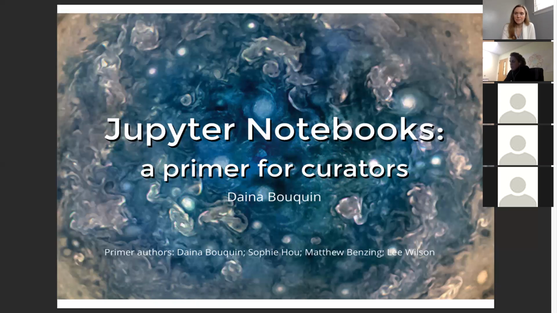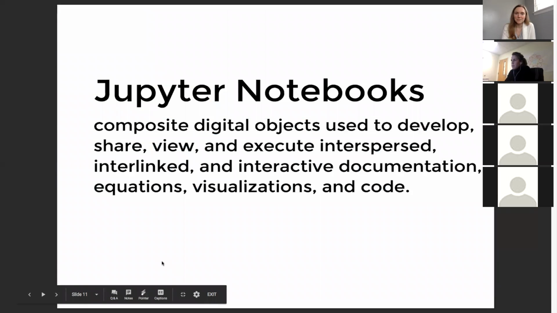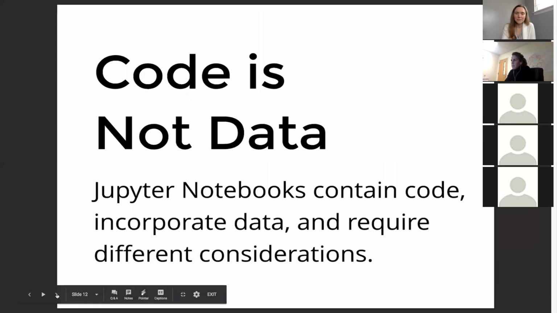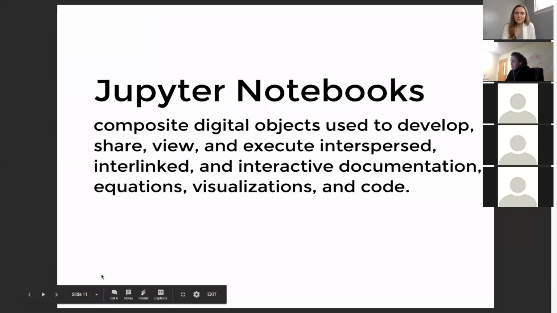I guess we can move to the next slide, because that's my big point here: Jupyter Notebooks are executable. That makes them different from a lot of other objects, because they're meant to be interactive.